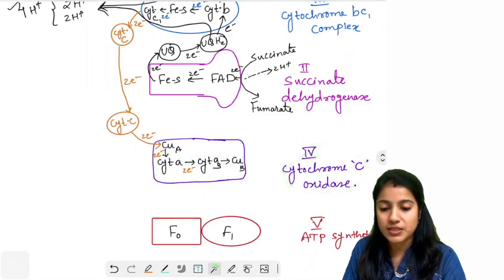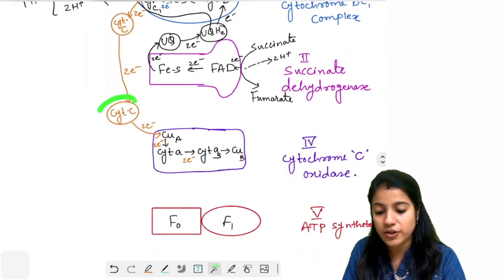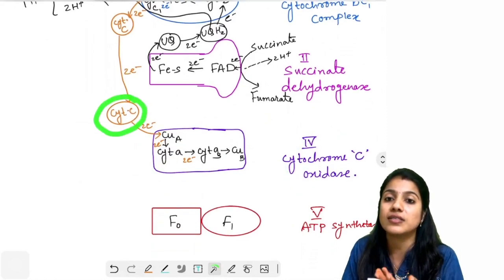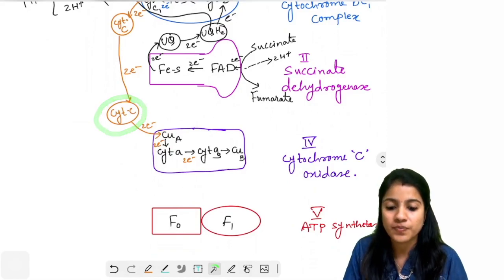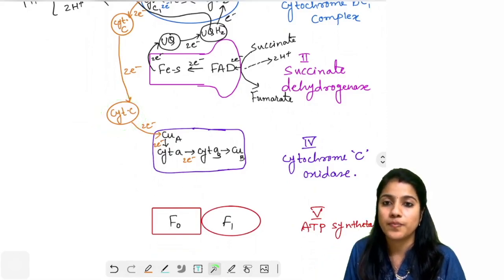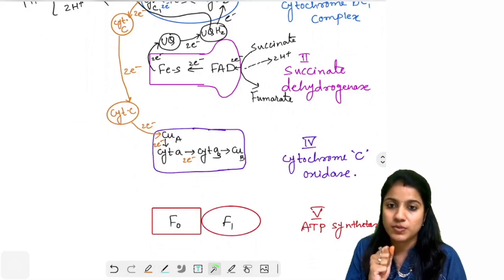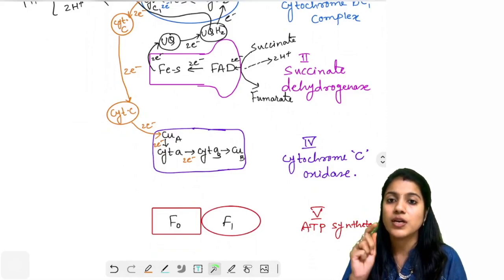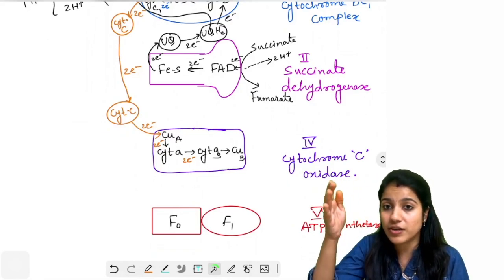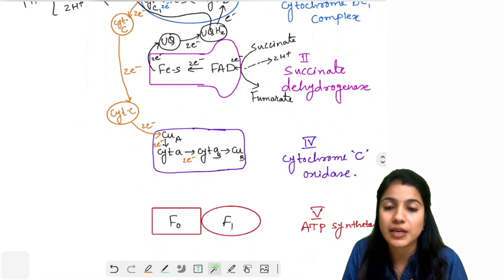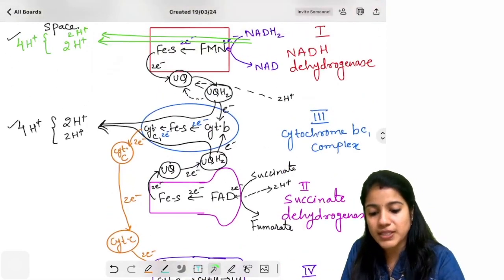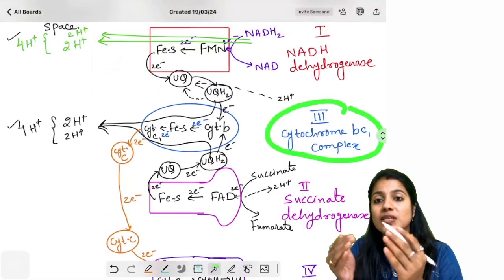The name is because cytochrome C is getting oxidized by donating the electron to complex 4. That means by accepting the electron from cytochrome C, complex 4 is oxidizing the cytochrome C molecule, which already got reduced because of complex 3, right?